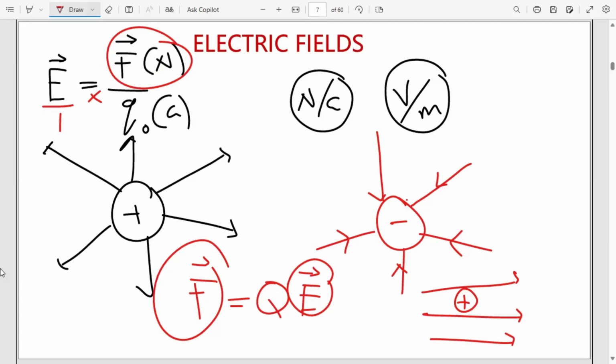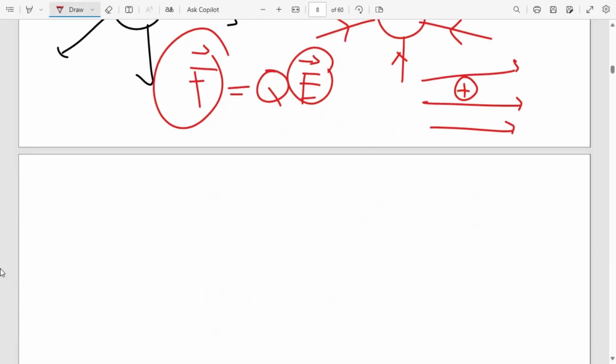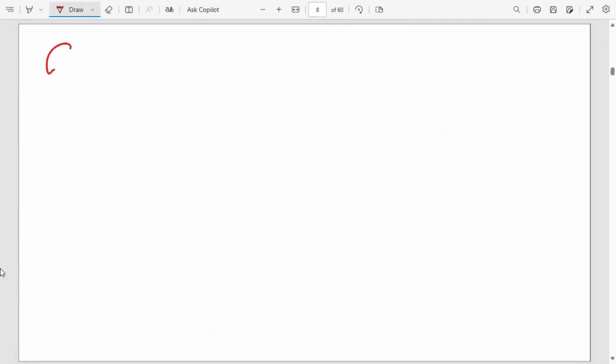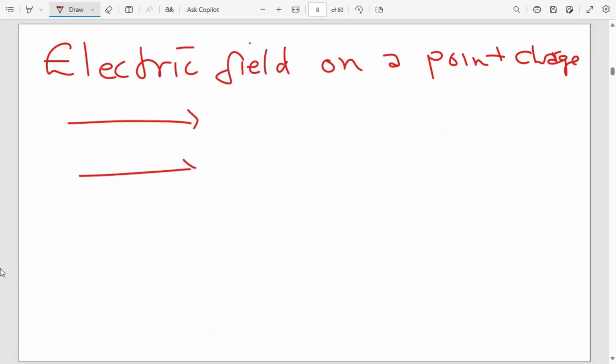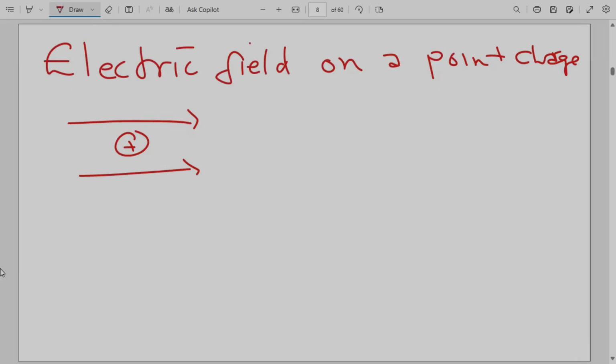From Coulomb's law, which we've already looked at, let's say you have your electric field there, then you introduce a point charge in the range of that electric field.